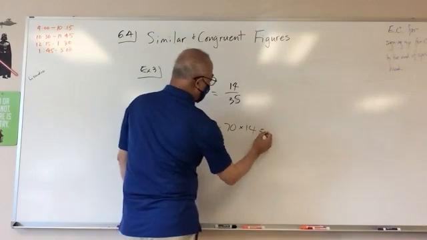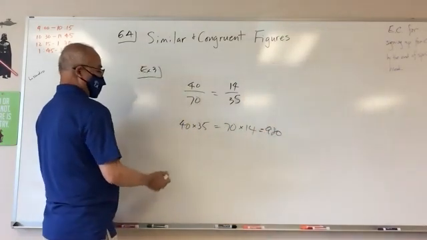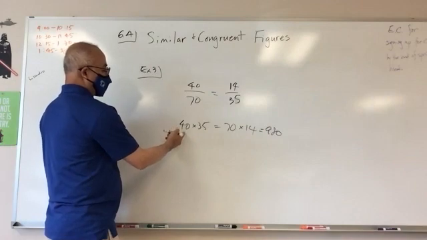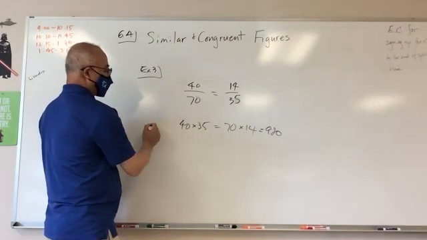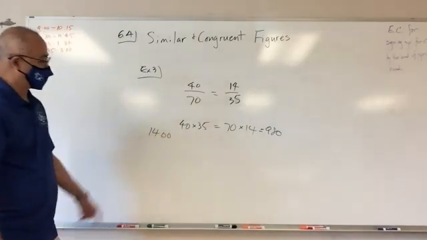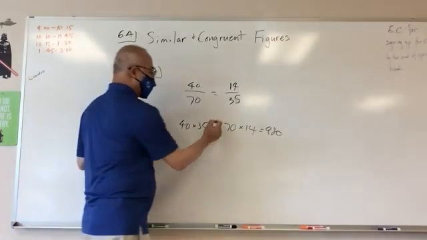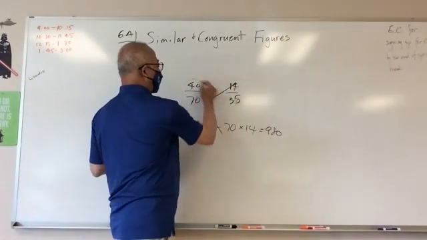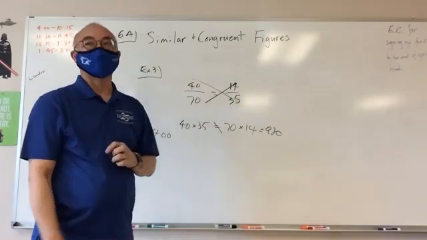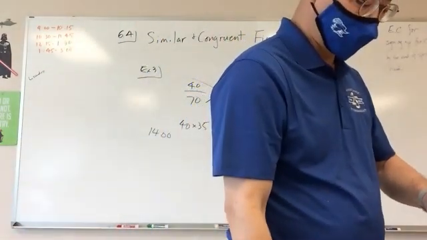This guy here is going to be 980, it looks like. This guy over here is going to be 20 times 70. So they're obviously not the same, correct? So they are not similar, because they do not have the same proportions, correct?